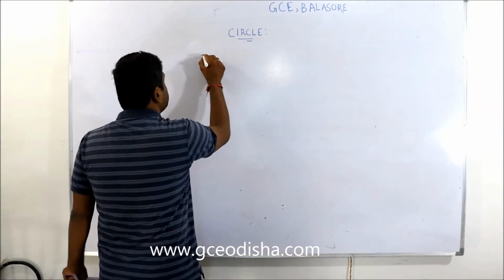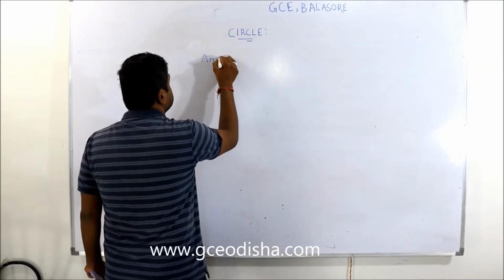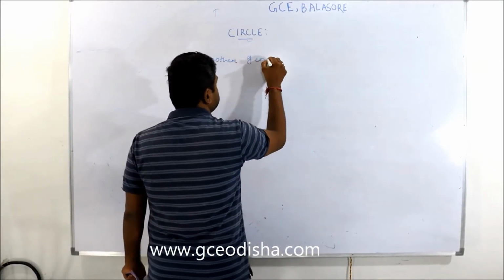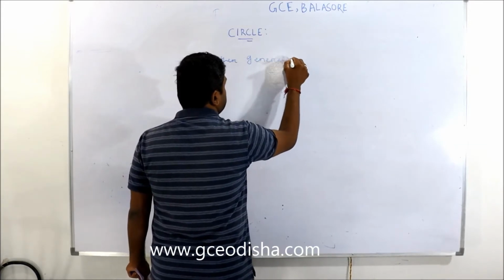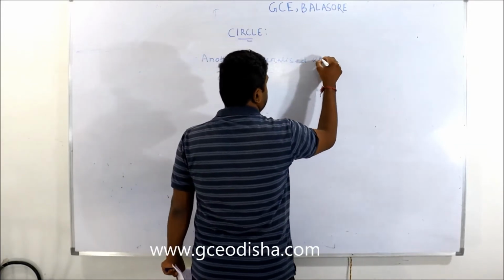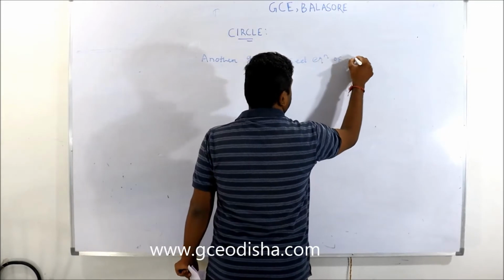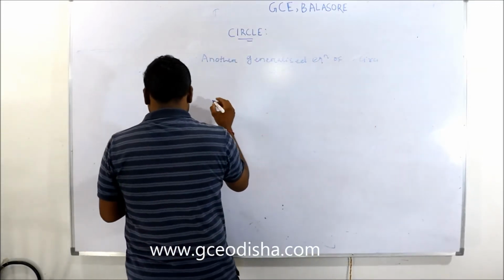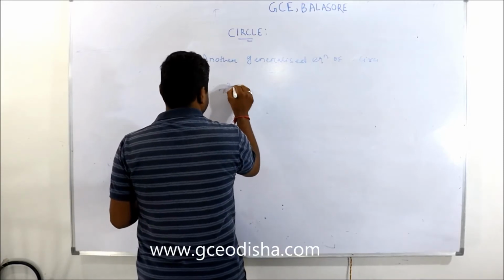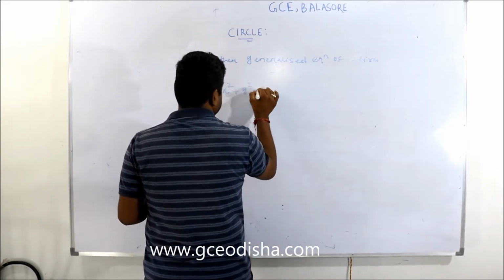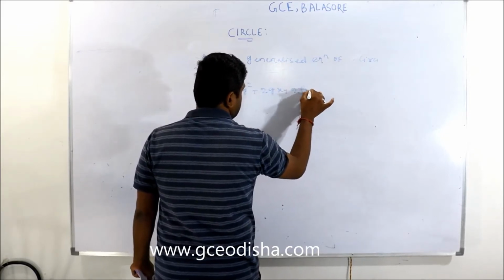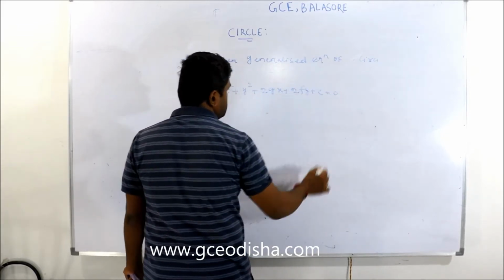Another generalized equation of a circle: x square plus y square plus 2gx plus 2fy plus c is equal to 0.